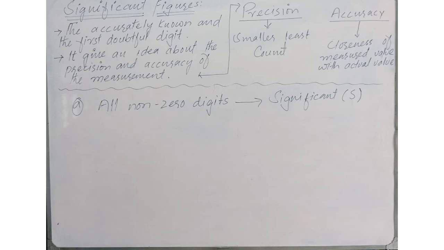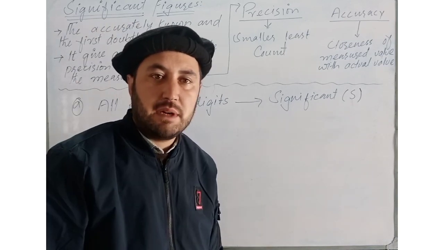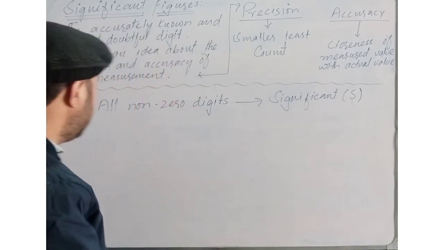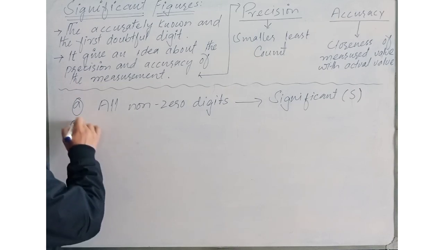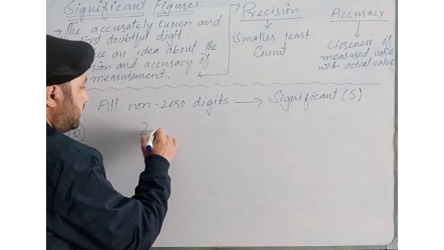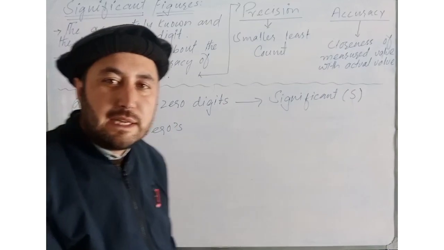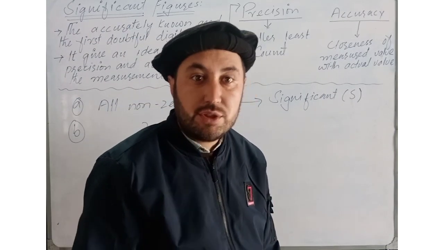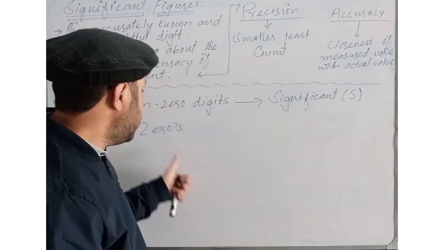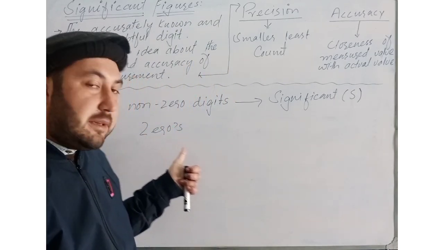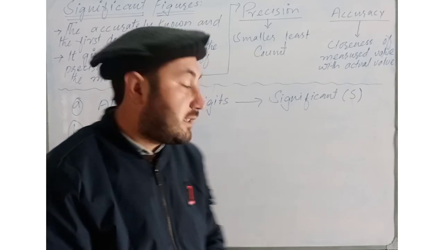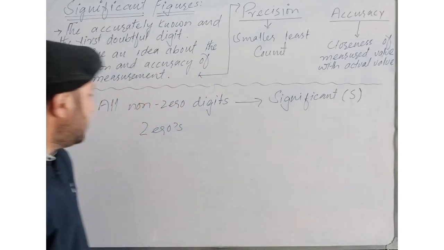Now, what about 0? Because the decimal system also has 0, right? So for zeros, we are not sure whether they are significant or not. Actually we can say that sometimes the zeros in a measurement can be significant and sometimes they cannot.